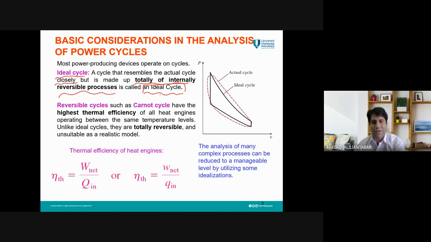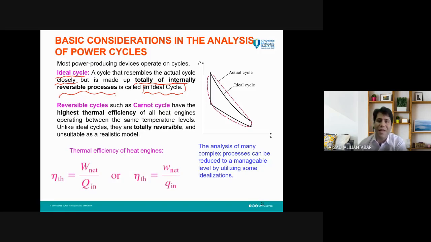So to have an ideal cycle, we need to find an ideal cycle similar to the actual cycle, like what we have here, and also we need to make the assumption that the processes in that cycle are totally reversible processes. Then we can study more.